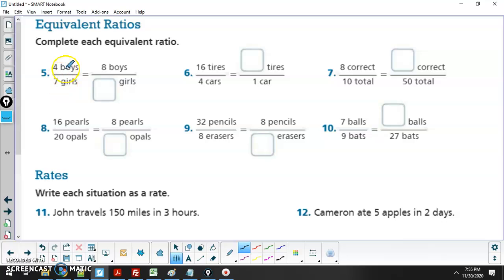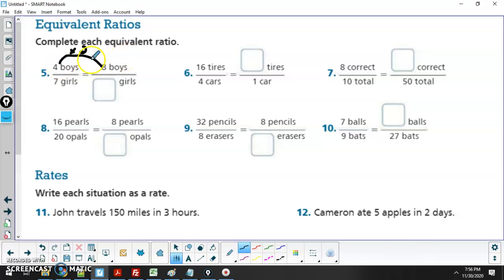All right, so 4 boys to 7 girls. So you want to see how you're going from one fraction to another. Okay, so here it's 4 becoming 8. So when you are finding equivalent ratios, you're looking for what you can multiply the top and the bottom by. Okay, and it has to be the same number.